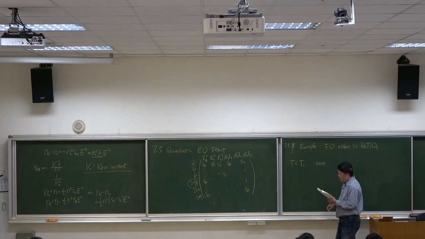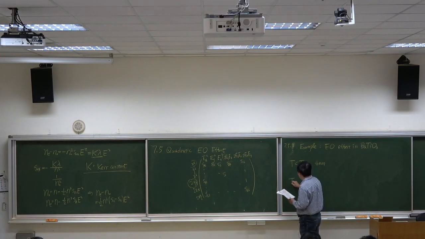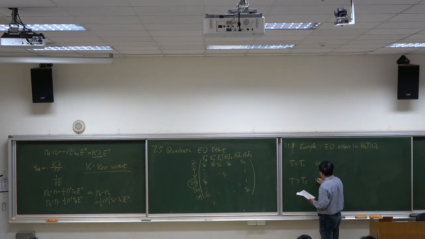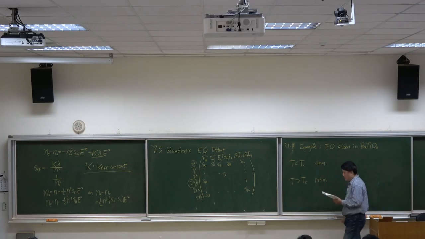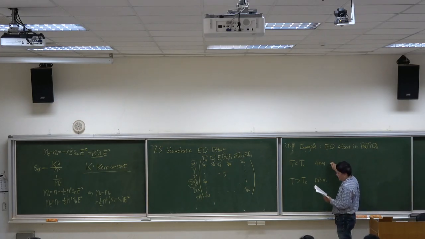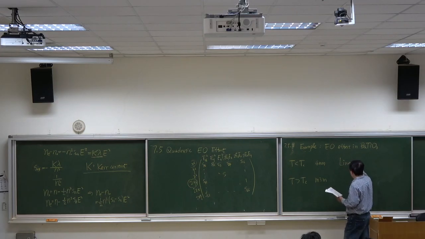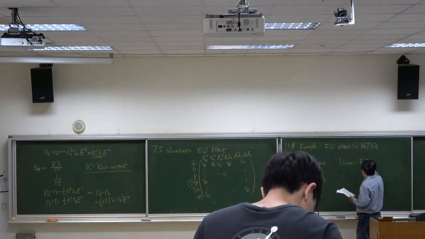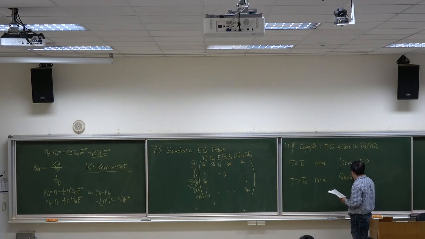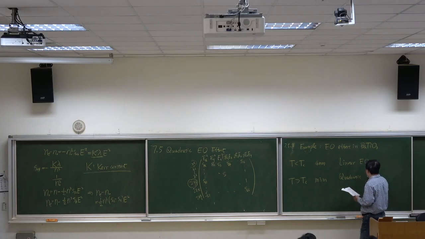And once we go to a temperature higher than the critical temperature, the symmetry becomes M3M. For the first, we have a linear EO effect, and for the second, we have a quadratic EO effect.